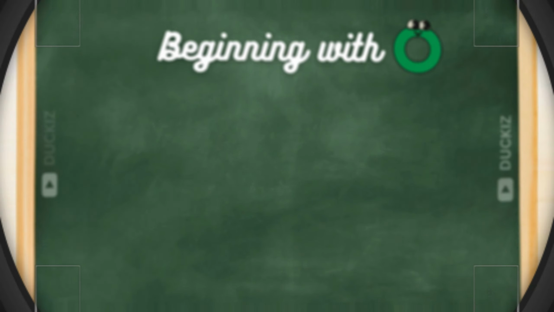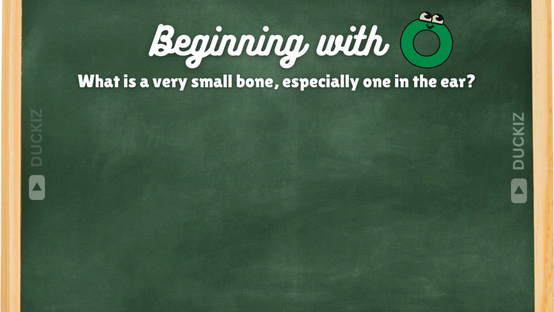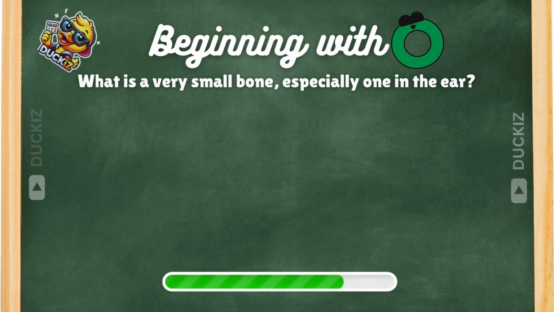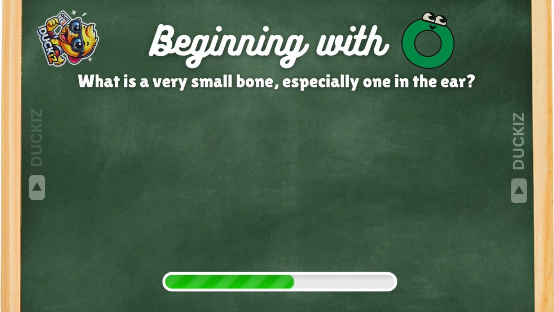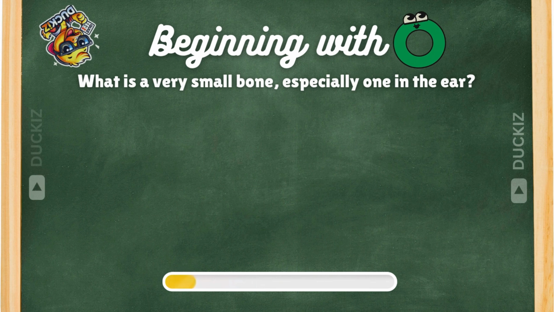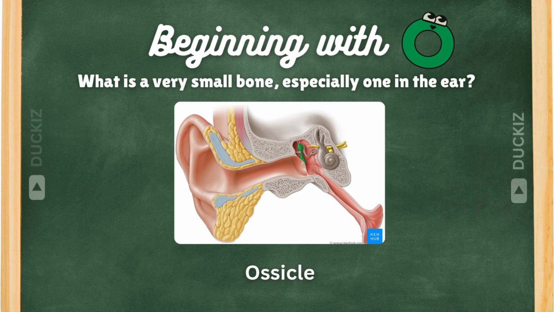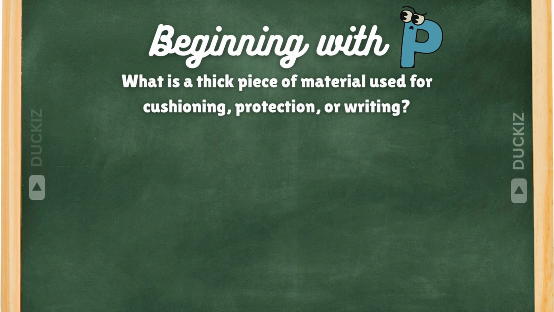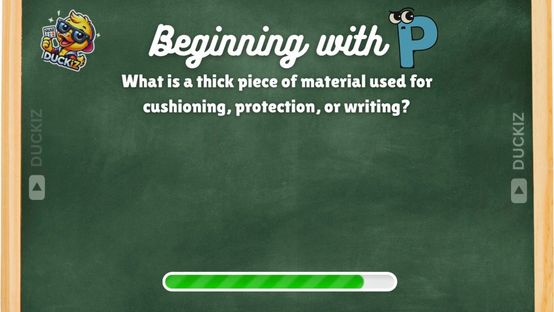Needle. What is a very small bone, especially one in the ear? Ossicle. What is a thick piece of material used for cushioning, protection, or writing?